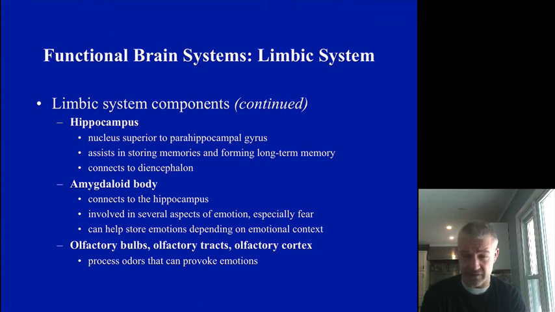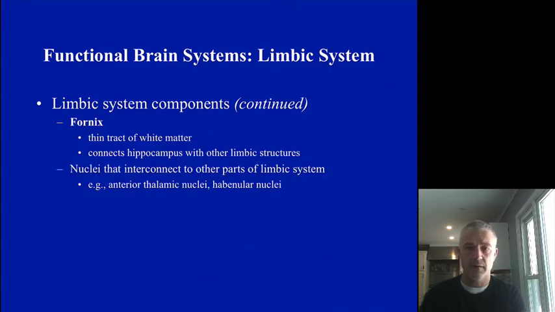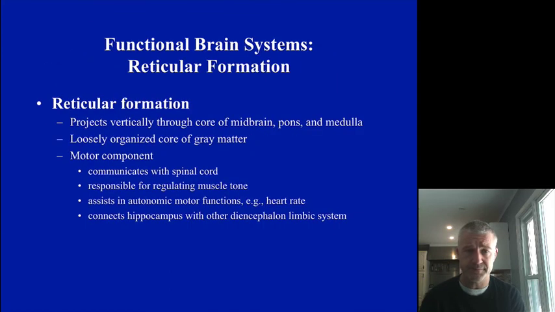Olfactory bulbs and tracts do travel through this, which a lot of times leads to the generalization that odors can provoke emotions a little bit more strongly than some of your other senses. And then really the last part here, the tract of white matter that's kind of underneath the corpus callosum, is going to be this fornix. And again, this is connecting the hippocampus to some of these other limbic structures that are important to us.